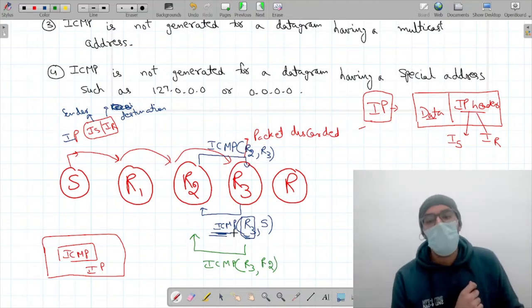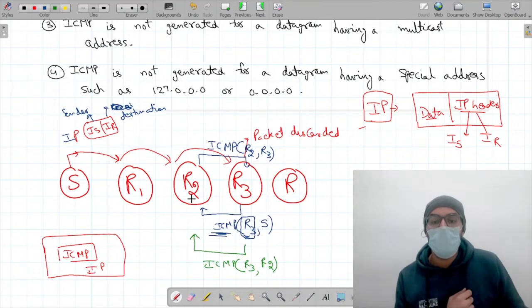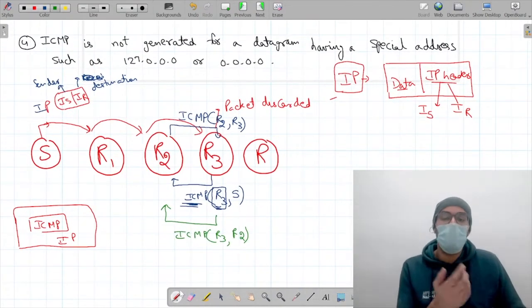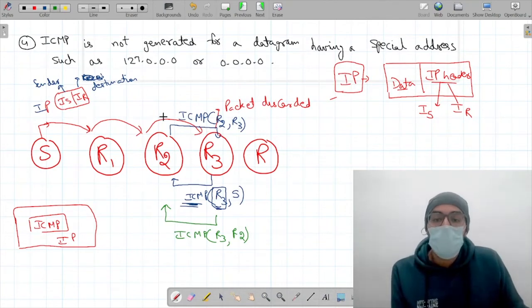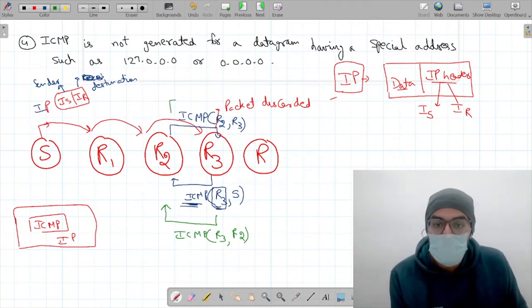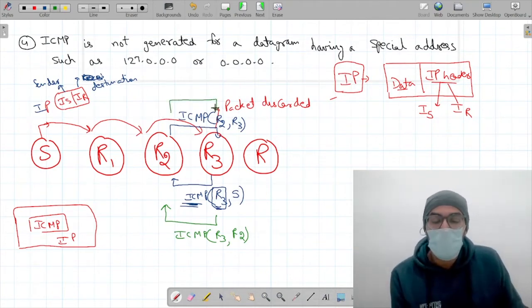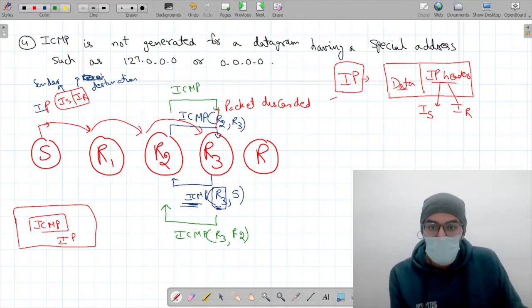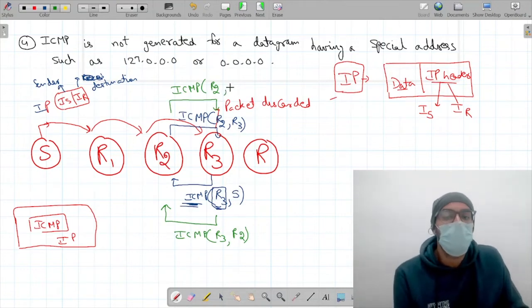Okay. Now let's say that router R2 again discards this packet, and since it is an IP packet, this router R2 should technically send an ICMP message back to R3 that I have discarded your packet. So the ICMP message will contain the initial sender, since it is being sent by the router R2, and now the final receiver of this packet.